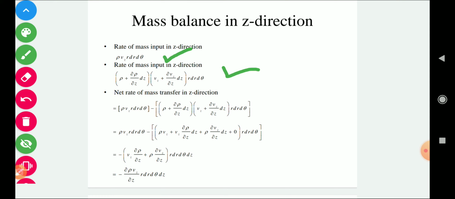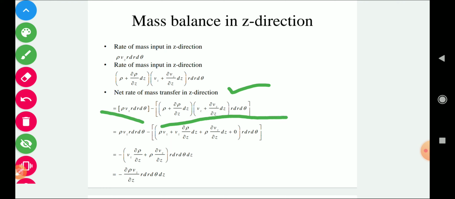Similarly, rate of mass output in z direction will be rho plus change in density, del rho by del z multiplied by total distance dz. Similarly, the velocity at the exit point. So this will give rate of mass output in z direction. Now the net rate of mass transfer in z direction will be equal to rate of mass in minus rate of mass out.